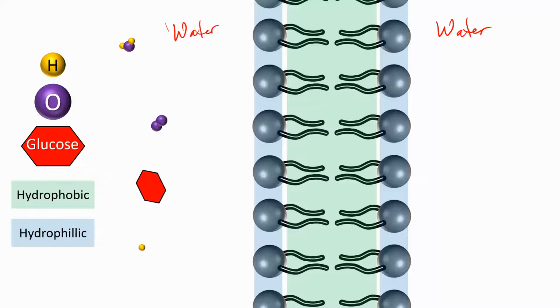So let's look at what happens when water attempts to cross the lipid bilayer. Notice that it is able to associate with the phospholipid heads, the polar parts of it, but it is repelled or not attracted to the hydrophobic parts. So it almost bounces off of the cell membrane.